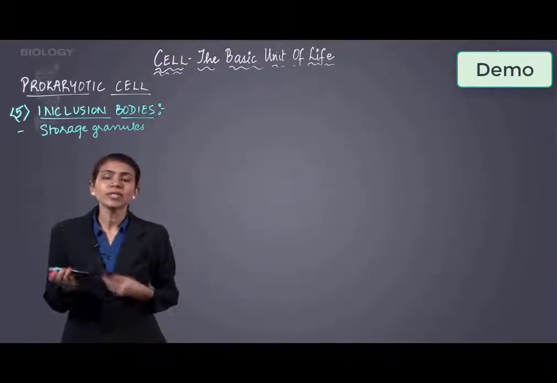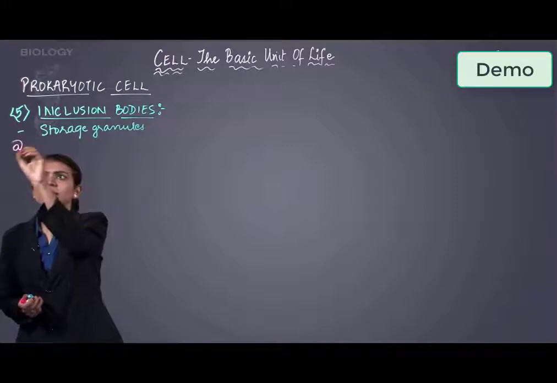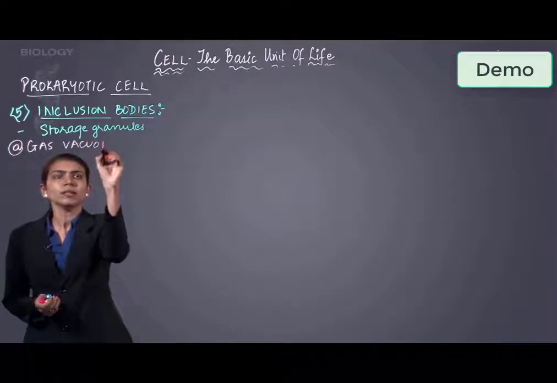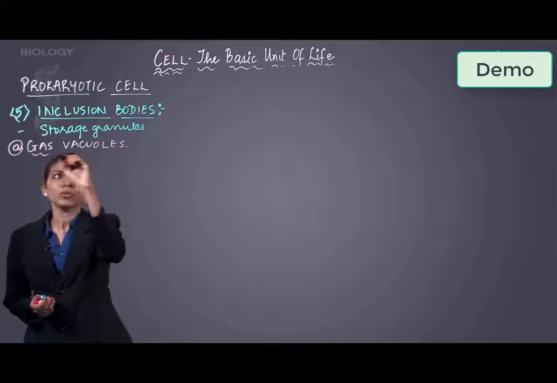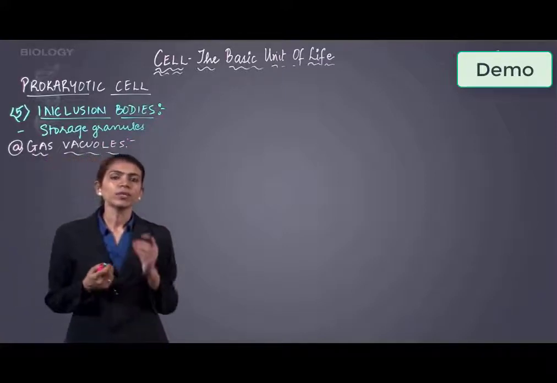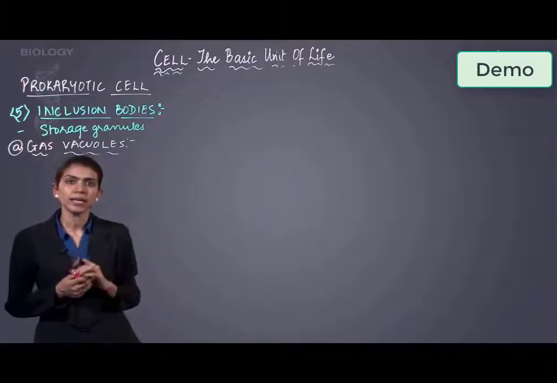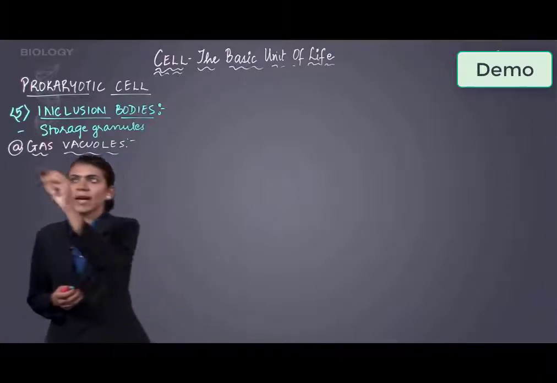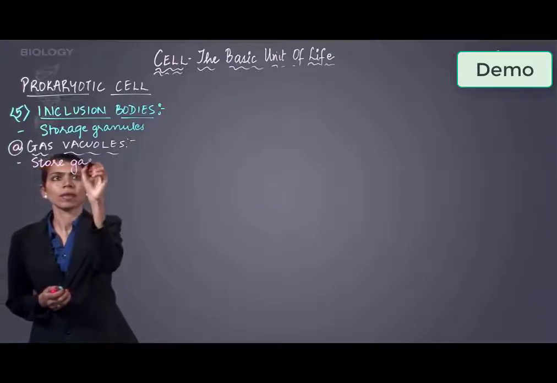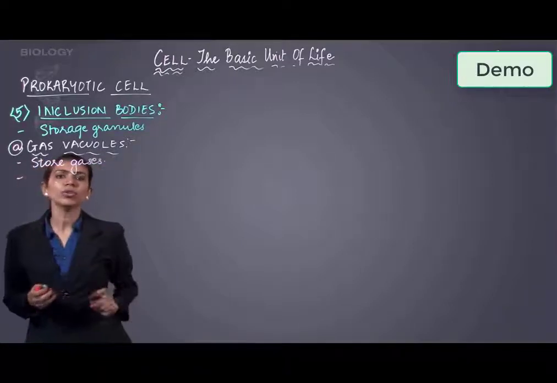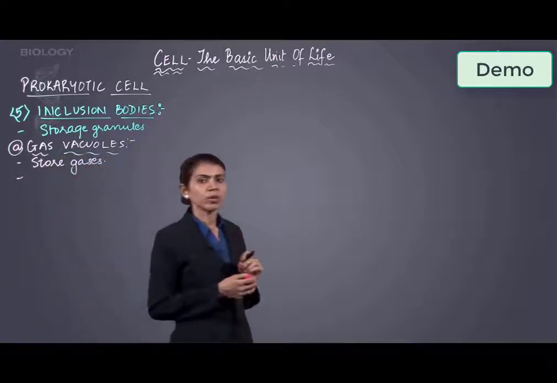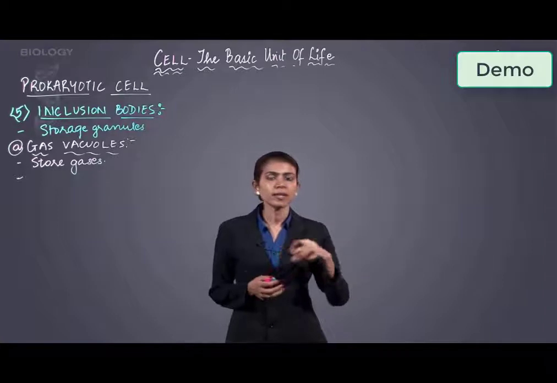So we go to the first type, which is the gas vacuoles. Let us see what are gas vacuoles. As I already mentioned earlier, there are no sap vacuoles present in the prokaryotic cell. We have the gas vacuoles. Now, gas vacuoles are again those vacuoles which contain gas in them. So they store gas. They do not have an outer covering to them. Also, the gas vacuoles are present in the form of hexagonal gas cylinders.